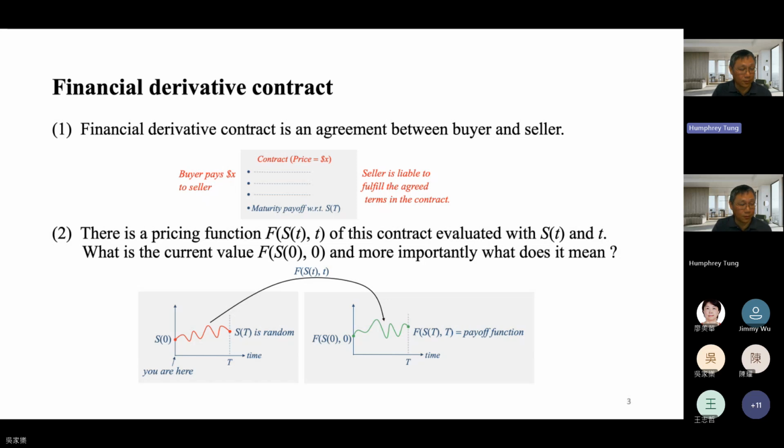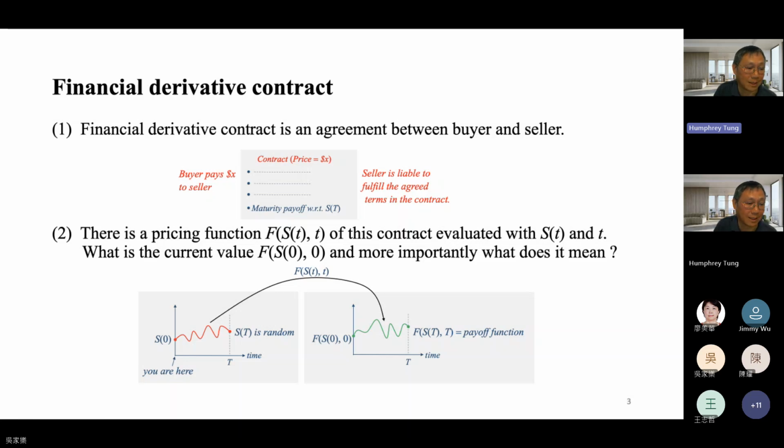So if you look at bullet two, you're sitting here, let's say at time 0, the current time. What you don't know is the movement of the underlying asset. We have a stochastic model.